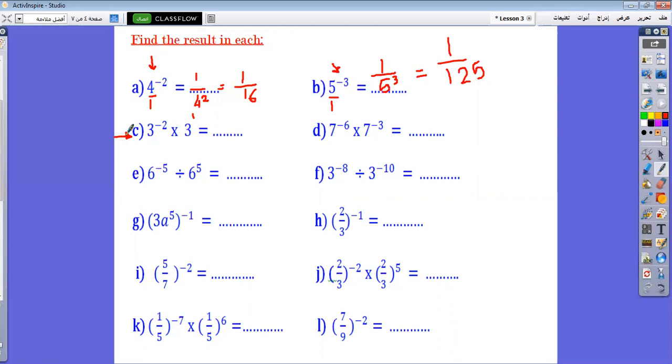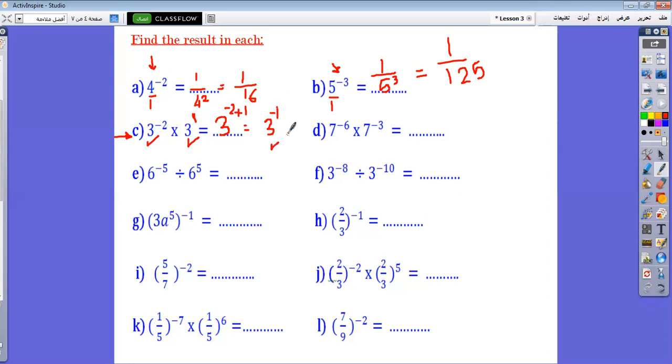In C, you have the same base, so you add the powers: 3 power negative 2 plus 1 equals 3 power negative 1.